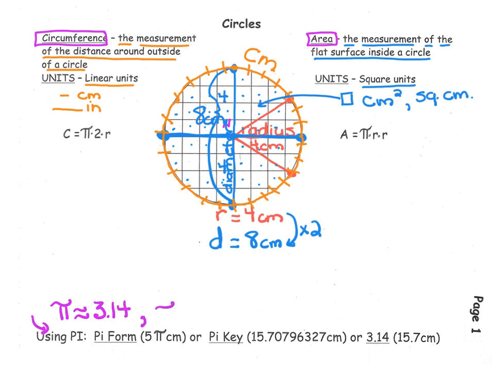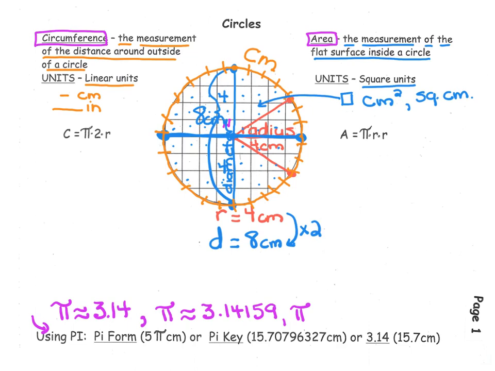Another rounded version of pi that many people use is 3.14159.